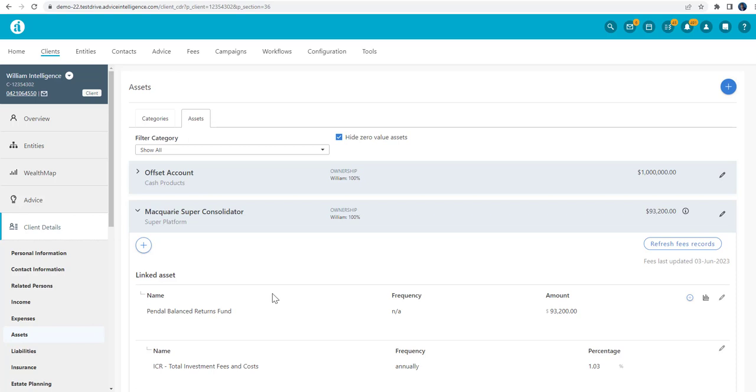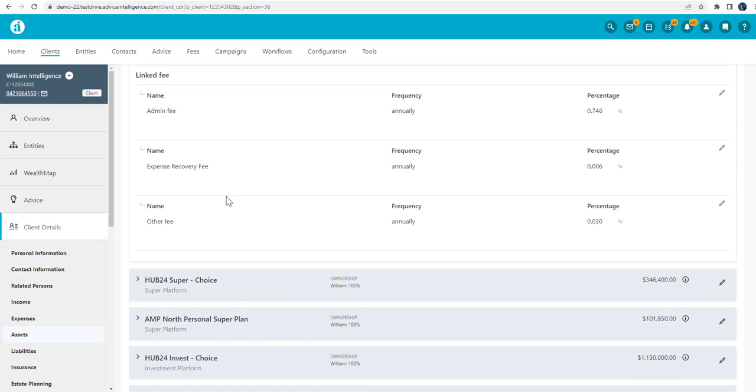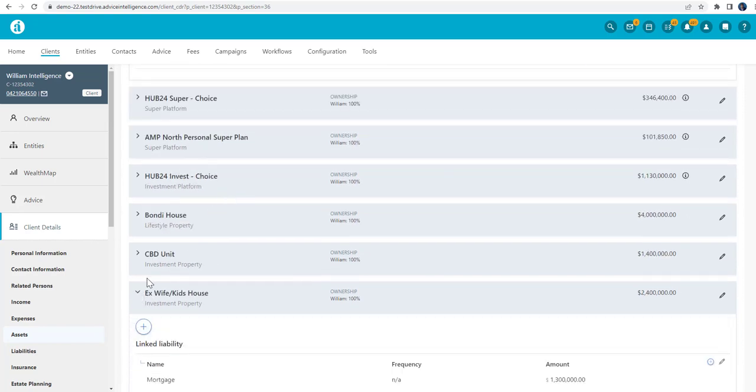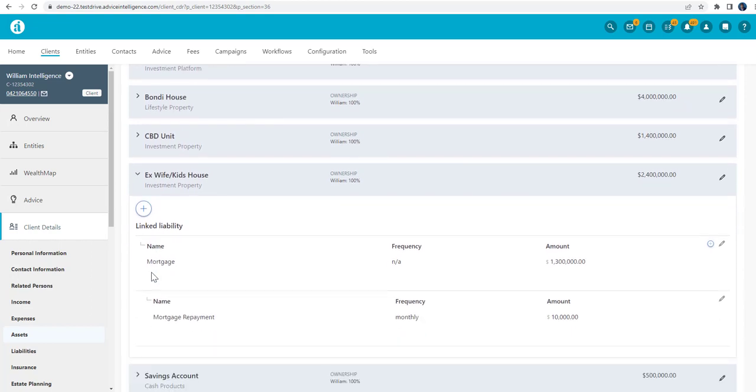He also has a property where his ex-wife and kids live, and on this property he has an investment mortgage of about $1.3 million, and this is costing him about $10,000 in mortgage repayment every month.